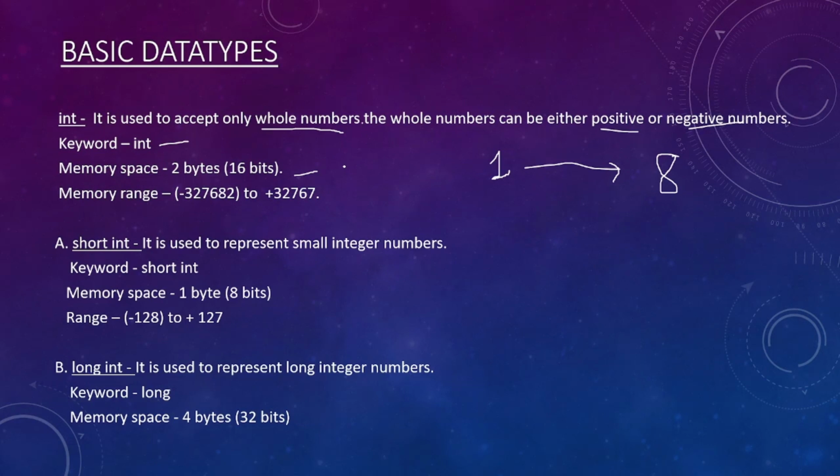But if you want to calculate it for any other memory spaces, whenever you are converting bytes into bits, always remember 1 byte is equal to 8 bits. Understood? So 2 bytes are equal to 16 bits. Please remember this. It might help you anywhere whenever you are converting bytes into bits. It's a must. Please remember it.